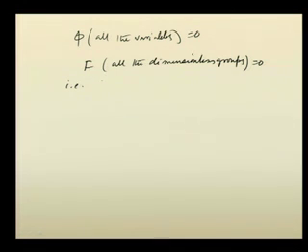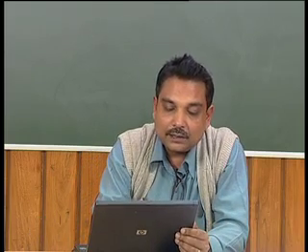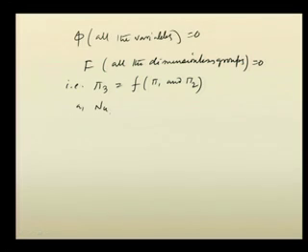Our Nusselt number is of importance, so pi 3 is a function of pi 1 and pi 2. Nusselt number is based on diameter, and it is a function of Reynolds number, which is based on diameter, and Prandtl number.